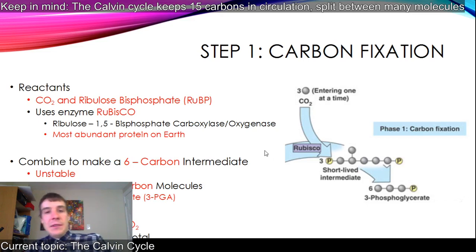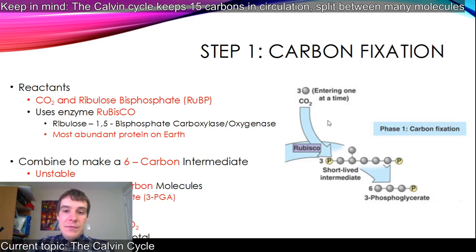So let's talk about the first part. This is called carbon fixation. You might hear carbon fixation in other contexts; it just means taking carbon dioxide and fixing it, turning it into some kind of useful compound. So carbon fixation. 3 CO2s come in.